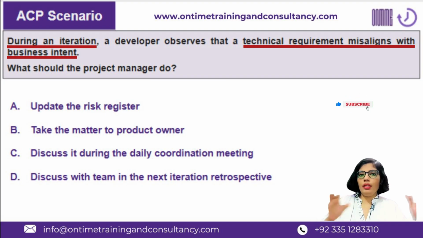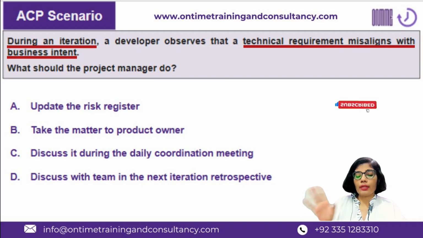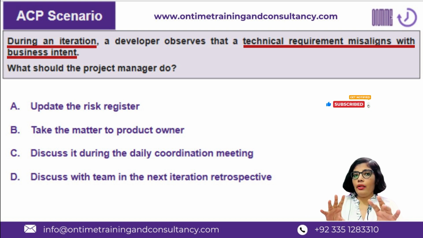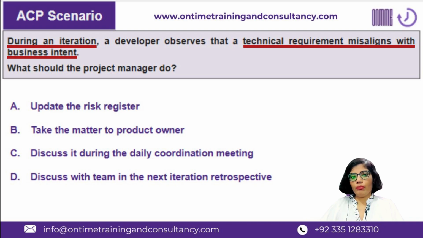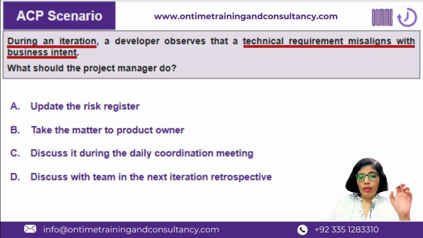So this is exactly how user stories are different from tasks. Now, a technical requirement is definitely one or more of the tasks to fulfill a requirement of one or more user stories, or maybe of a feature, which is an alignment to the business intent being talked about over here. Now, if this is the situation, then what does the project manager do?